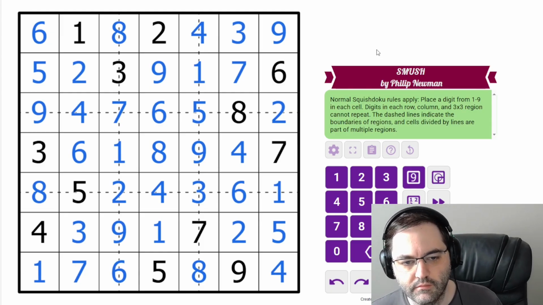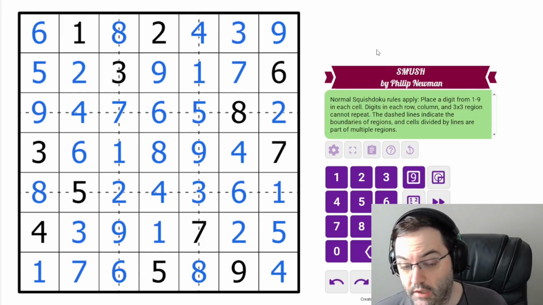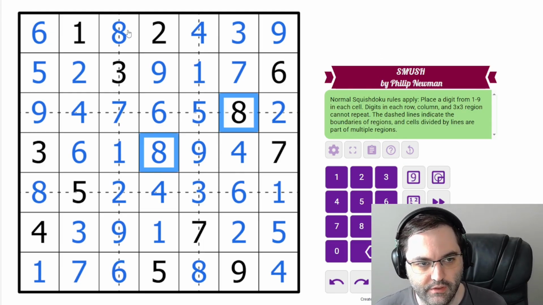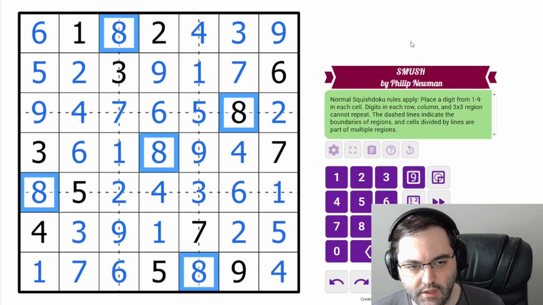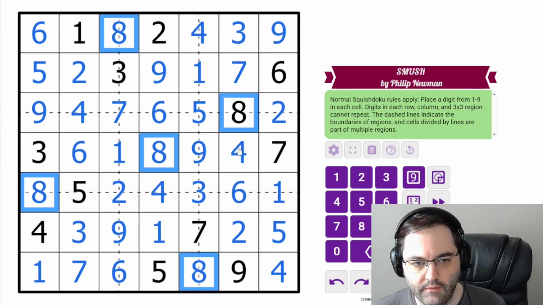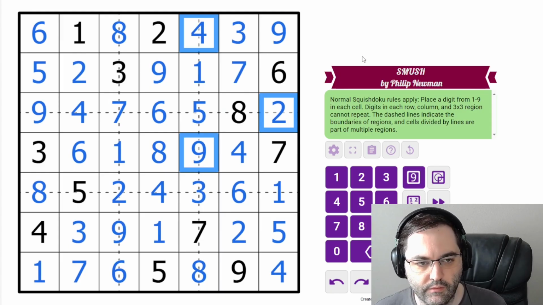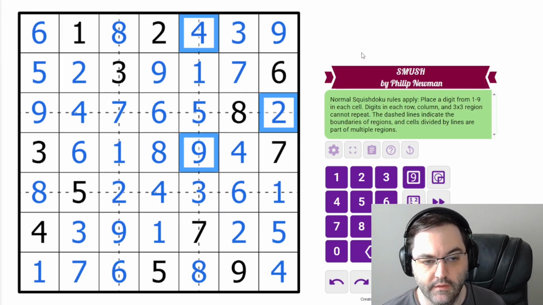I know it took a lot of people a lot longer because there is that global trick with the central digit. And there's a lot of that sort of these 2 cells both see this sort of logic. Quite a lot of that in this puzzle.